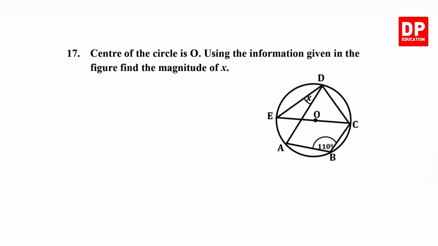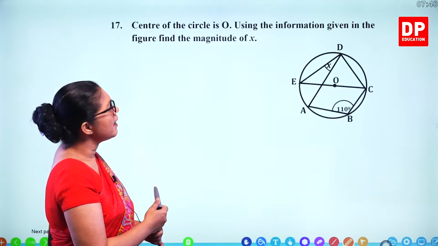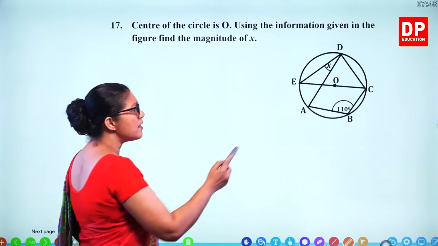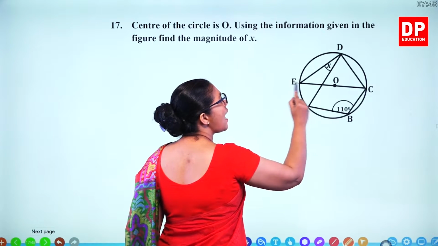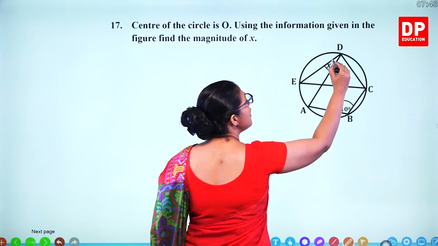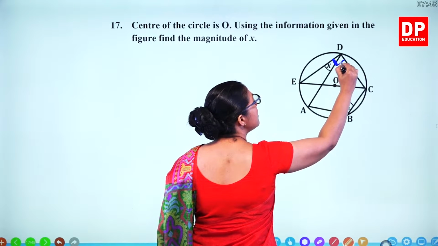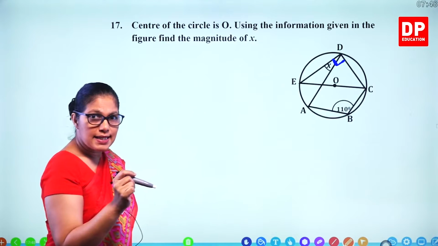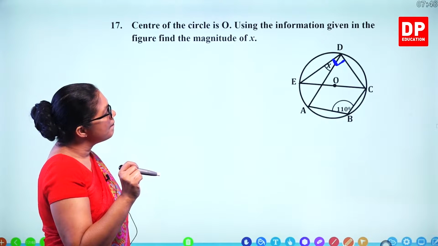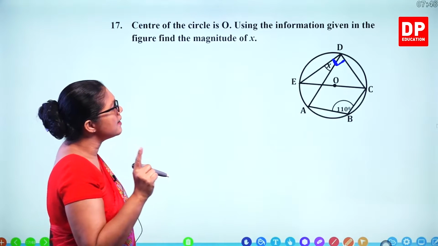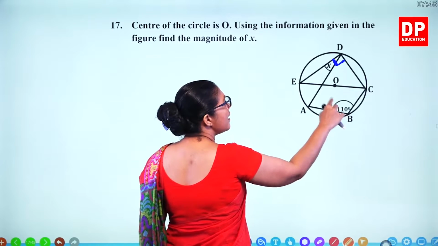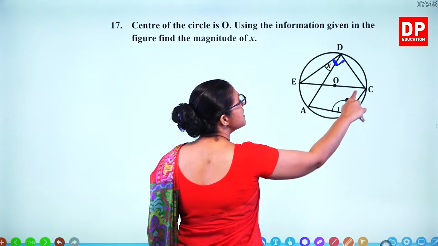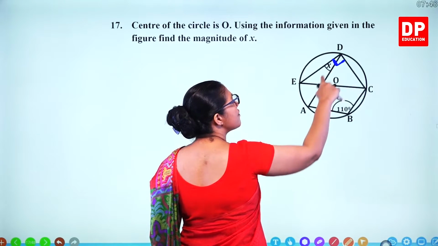Question number 17. Center of the circle is O. Using the information given in the figure, find the magnitude of x. Look carefully. If this is the center, EC is the diameter. Then we know this is a 90-degree angle, because the angle in a semicircle is 90 degrees. Now ABCD is a cyclic quadrilateral.